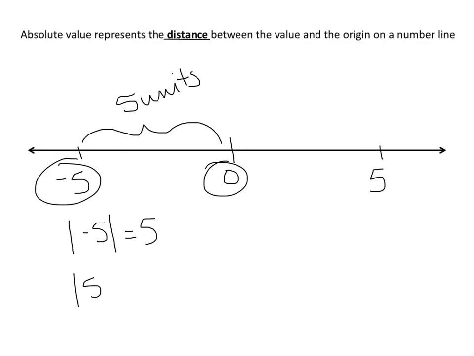That's why the absolute value of positive 5 and the absolute value of negative 5 are the same. Think about a distance like driving from your house to school and from your school back. We don't call either one of those distances negative. They're just distances.